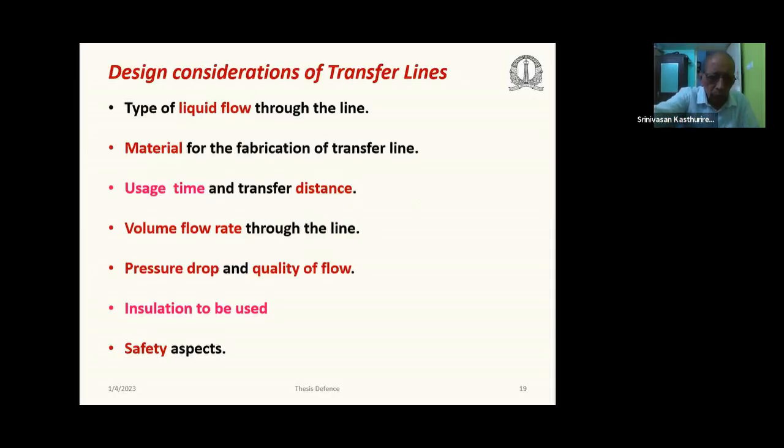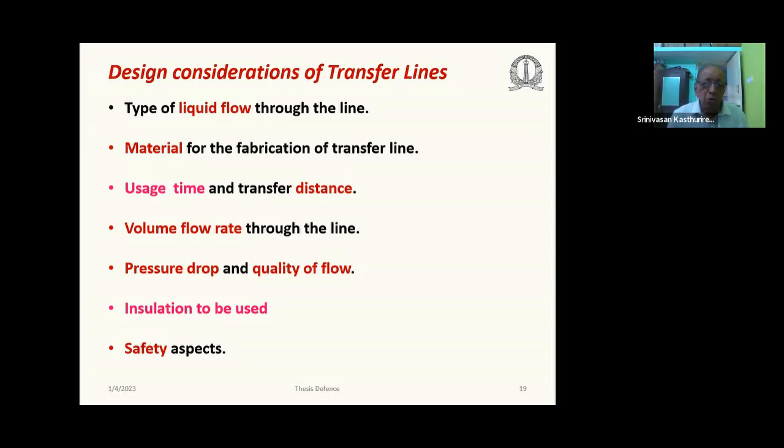Okay. What are the basic considerations for designing a transfer line? First of all, you should know the type of liquid that is flowing through the transfer line. It's nitrogen, helium, argon, whatever. Secondly, you should know what material to choose for the fabrication of the transfer line.